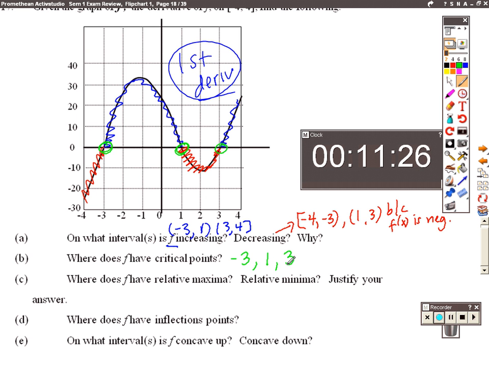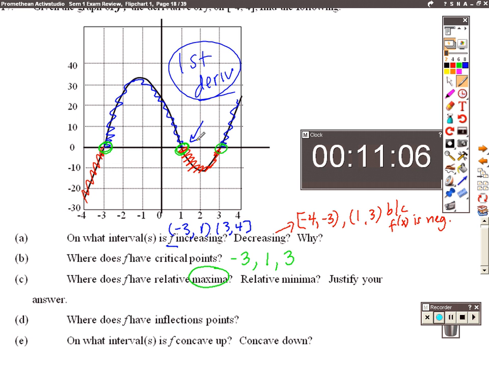Now, a relative maximum, which is the next question, occurs whenever the first derivative changes from positive to negative. Well, we can see that by looking at the color coding of the graph. The first derivative changes from positive to negative at x equal to 1.